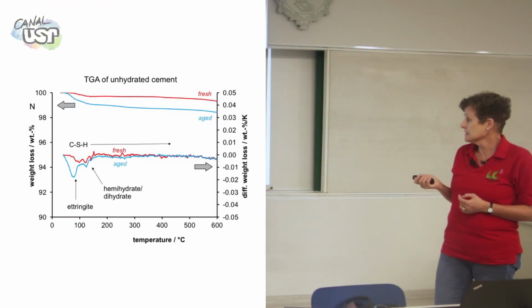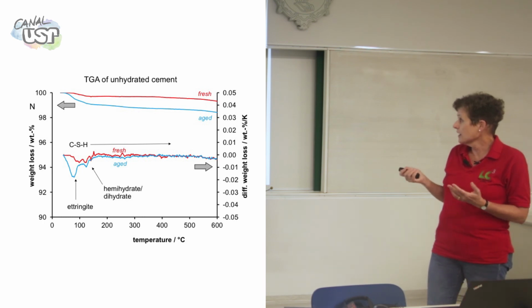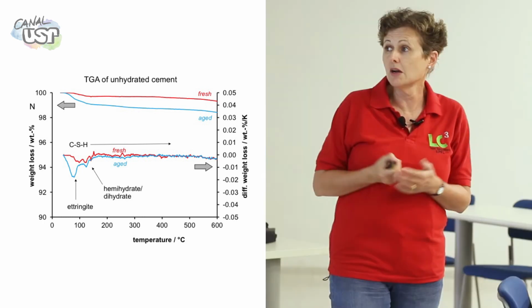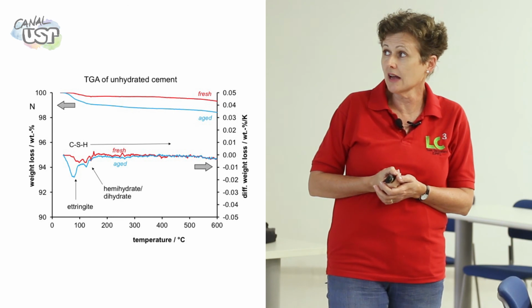So in a hot, humid country, even after 1 month, you're going to see changes. And these changes are due to absorption of water by the cement paste. Here, it's a very exaggerated scale down here, a much higher scale than we'd have for other measurements by thermogravimetric analysis.